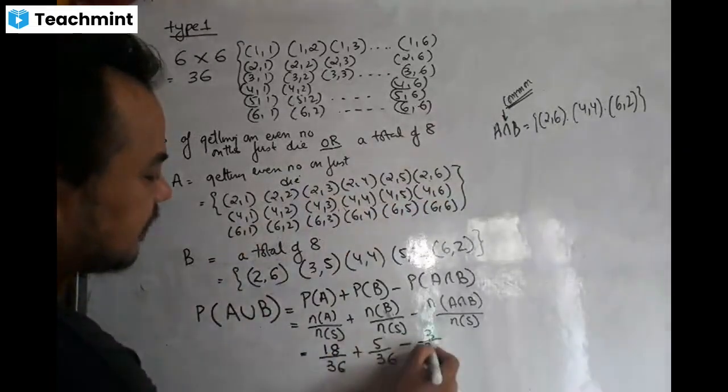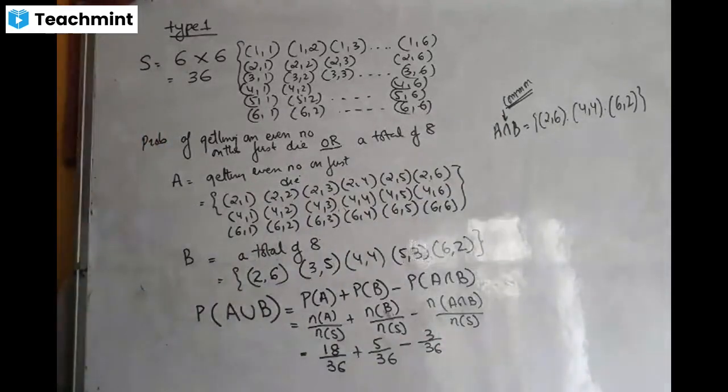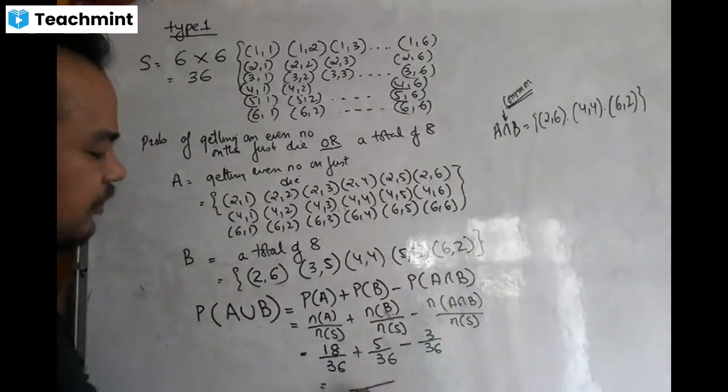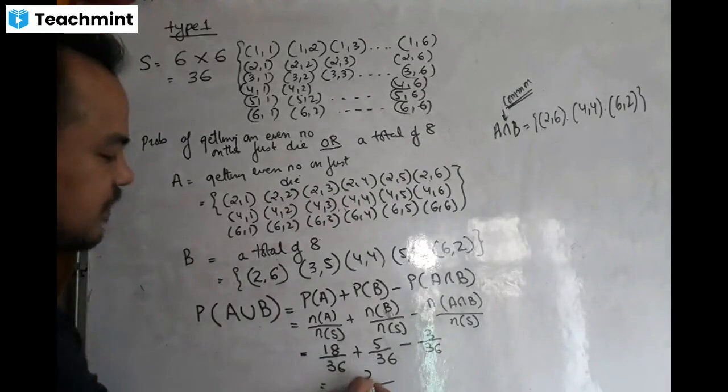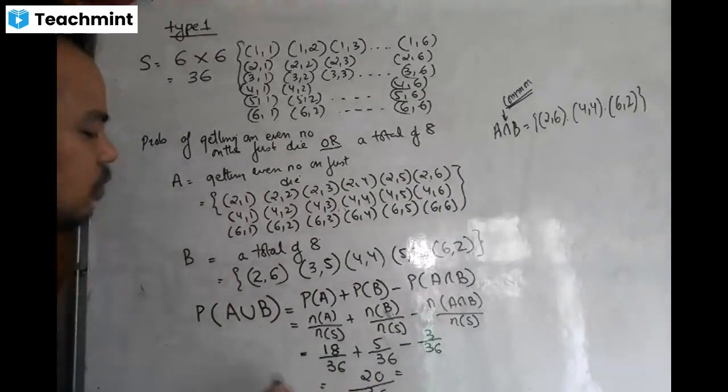So 3 divided by 36. LCM is 36. Yes or no? So if I take 36, what do you get? 18 plus 5 is 23, minus 3 is 20. So if I cancel this, what do I get?